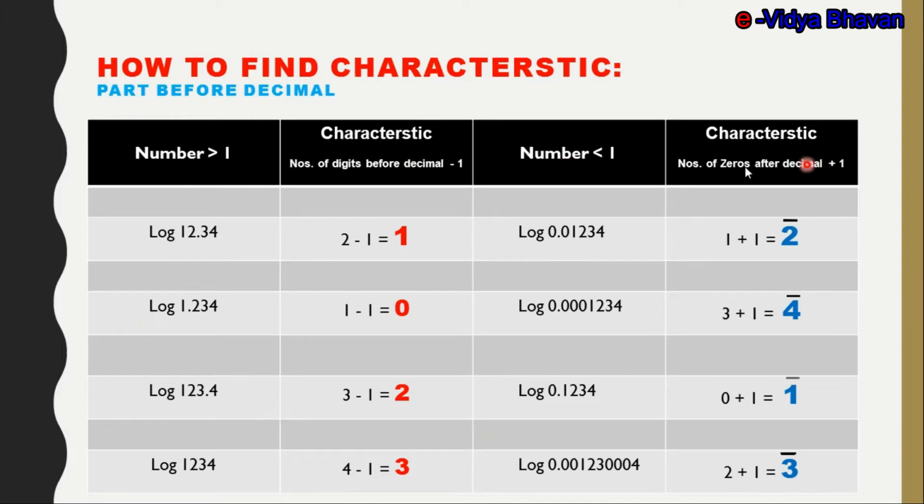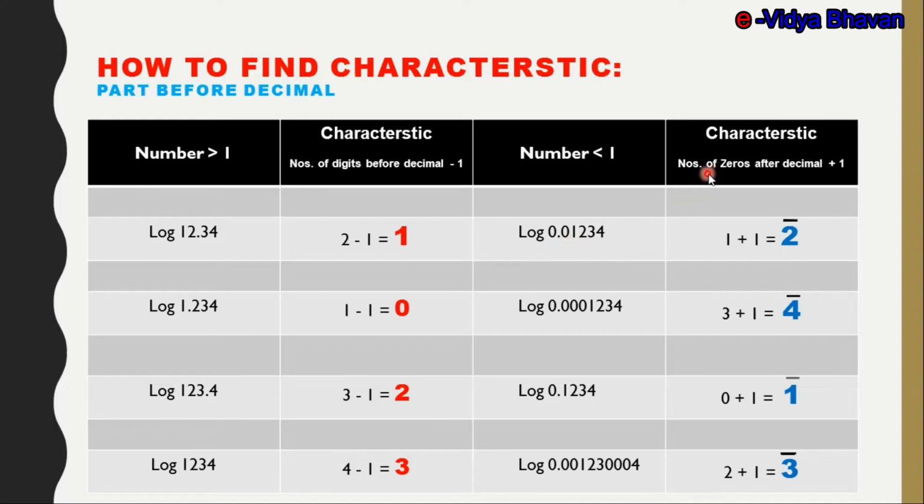Now rule number 2, for a number less than 1. In the case of less than 1, you see the example, all the numbers are from 0 point, 0 point, 0 point, 0 point. Now let us consider the first example, 0.01234. Now after the decimal you have one 0.